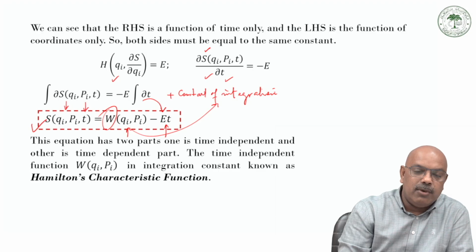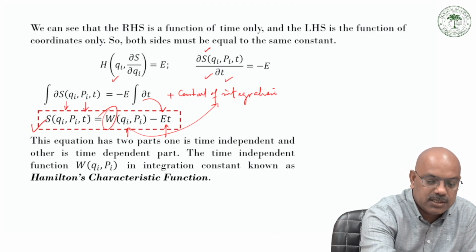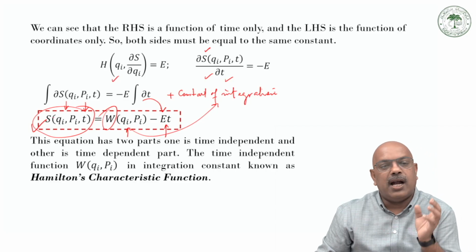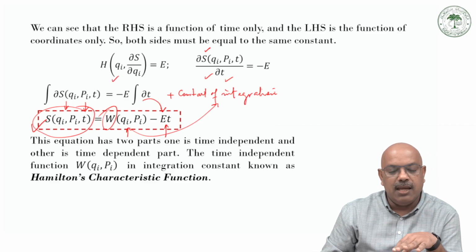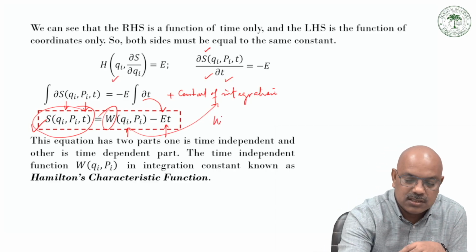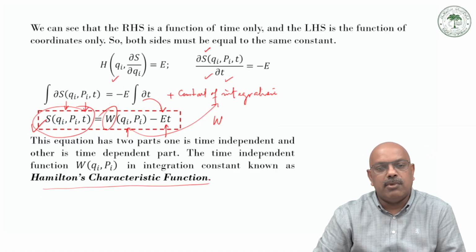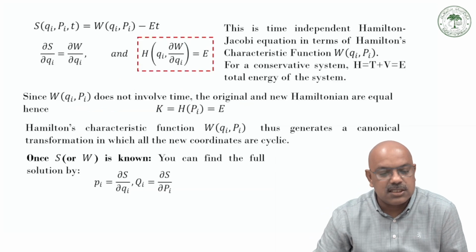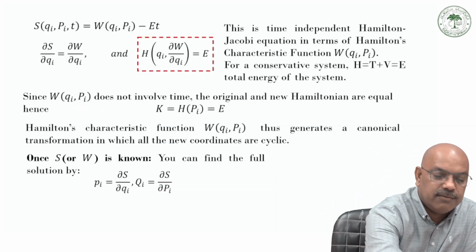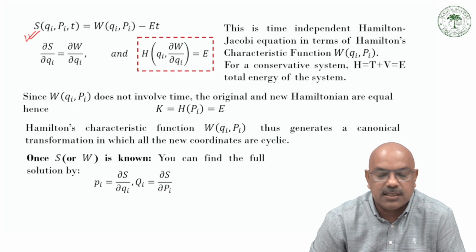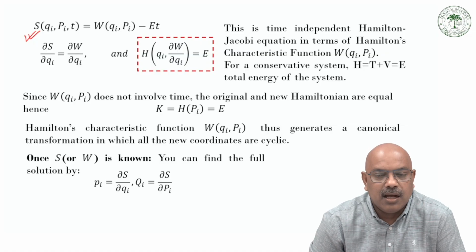But when your Hamiltonian is for a conservative system, independent of time, then it can be separated into two parts: one independent of time, which is W, known as the Hamilton characteristic function, and one time dependent part, which is Et.